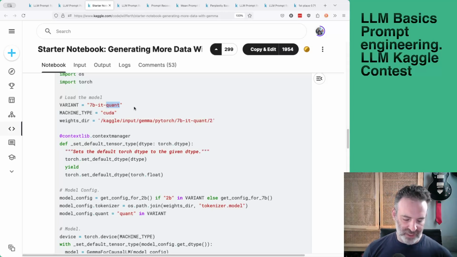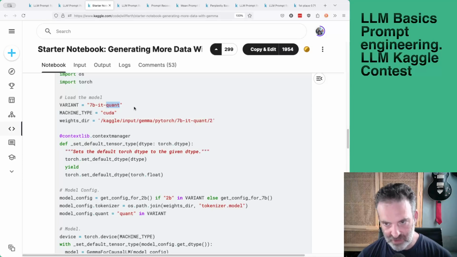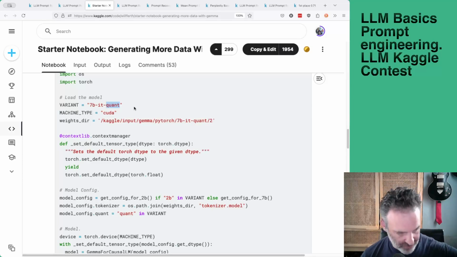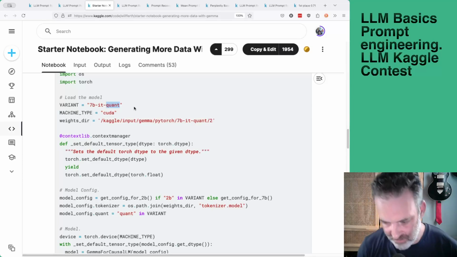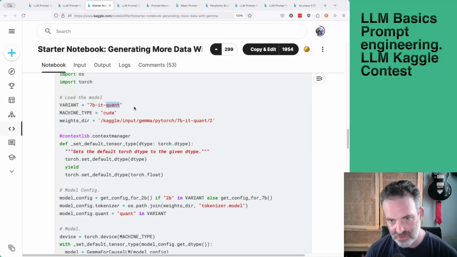And if you've ever worked with a pandas data frame and reduced the dtypes from a float64 down to an integer or something like that, you can think of quantization of a model like that: we're taking these big vectors of a model and reducing them.